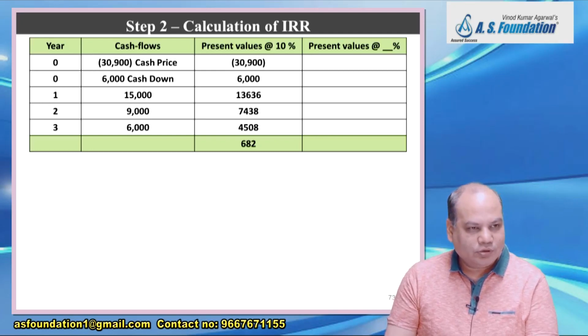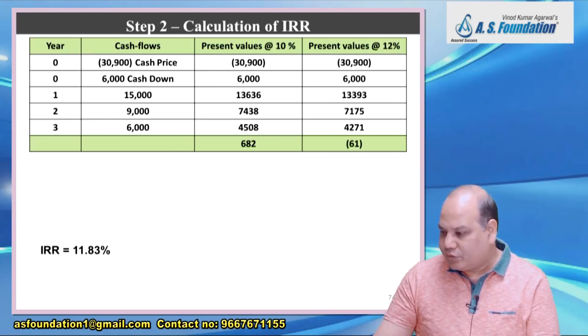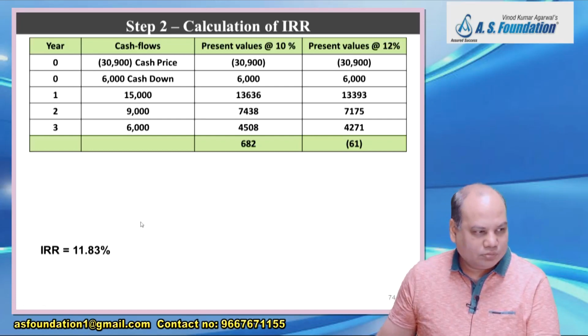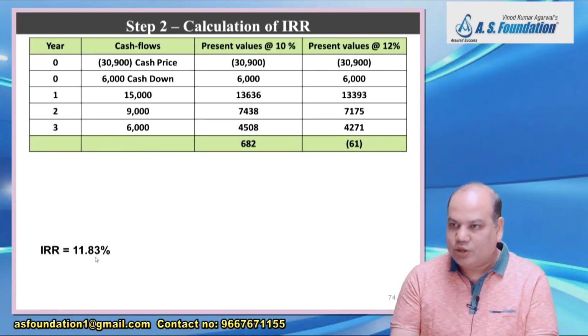Yes, over. At 12%, your NPV is minus 61. First 2 numbers you copy as it is. Cash price will be negative, cash down will be positive. The answer is close to 11.83%. Close to, so that is approximate.